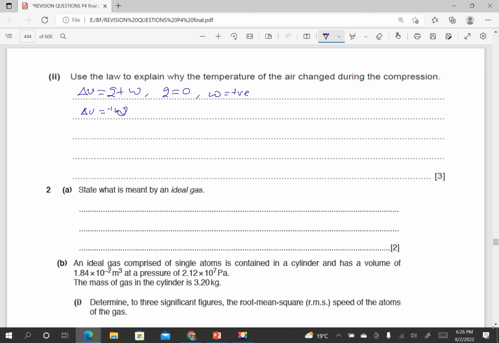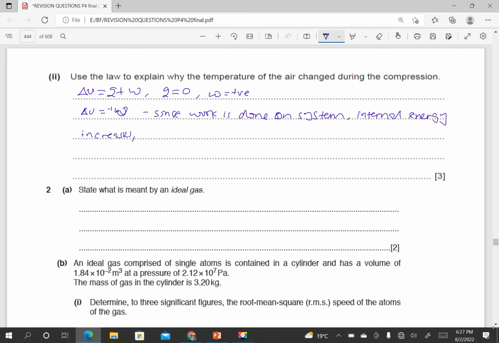Since work is done onto the system, internal energy increases, which means the total kinetic energy of atoms increases, which means the average kinetic energy of atoms increases, hence an increase in temperature. So I will simply say that since work is done on the system, internal energy increases.